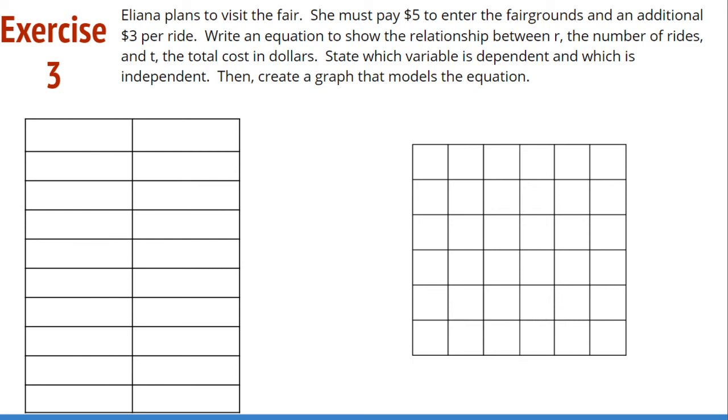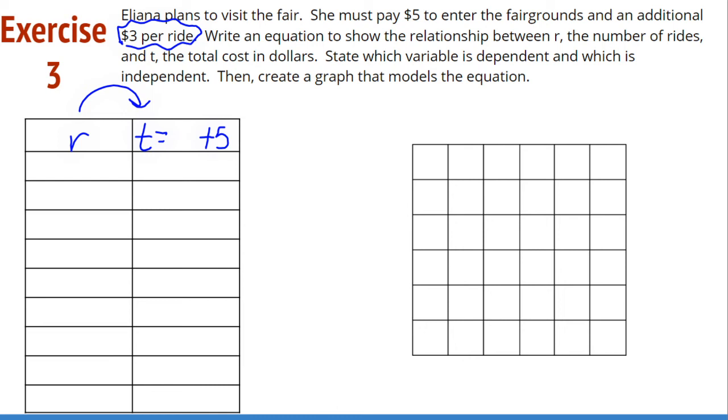Well, I heard that there is a $5 always, so that's a flat fee. So I know that when I look at her total cost in dollars there has to be a plus 5 because that's the flat fee. Now it says that it is $3 per ride. So her total cost is going to depend upon the number of rides. My independent variable is how many rides she goes on.